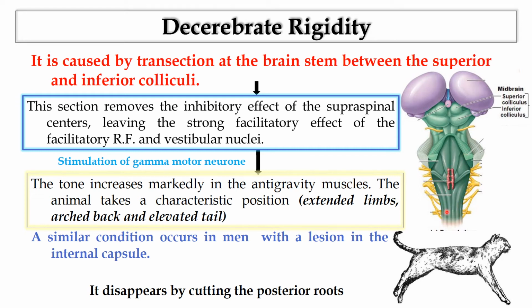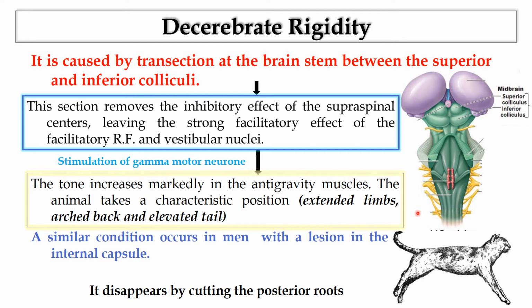Also, in the medulla below, we have the vestibular nucleus, which can also send its own discharge. So the strong facilitatory centers are still working even if we made this transection, and the strong facilitatory impulse is still reaching the spinal cord, stimulating the gamma motor neuron, so the tone increased.